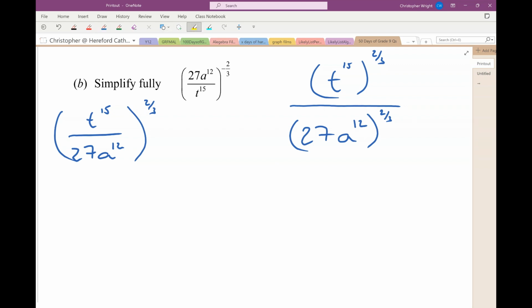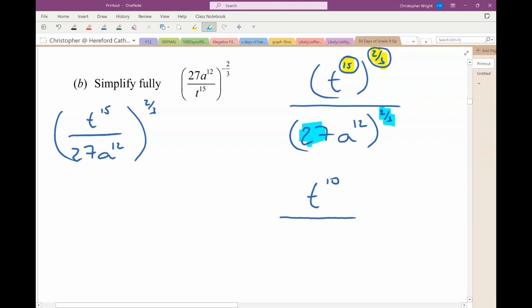Now, if I look at the top there, when you've got something to the power of 15 and you raise that to the power of 2/3, then you simply end up with t to the power of 15 times 2/3. Those are your rules of indices, aren't they? And 15 times 2/3 is 10. So the top is simply t to the power of 10. Now the denominator: I've got 27 to the power of 2/3.